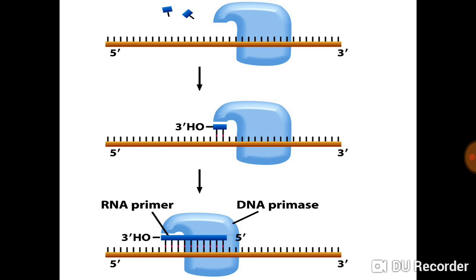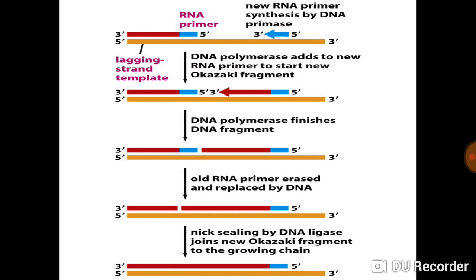So the next step that begins is the elongation. With the primer as a starting point for the leading strand, a new DNA strand grows one base at a time. The existing strand is a template for the new strand.